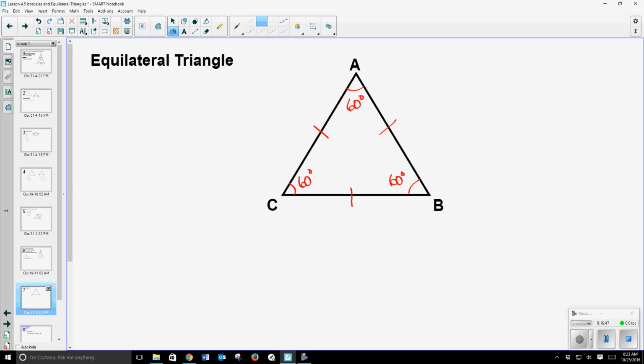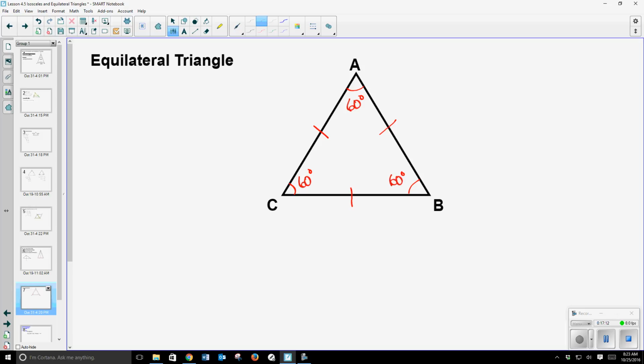All right, so we didn't really do an example with this, but that's what you have to know to work any kind of problem. So you'll use missing measures to find other measures. An isosceles triangle has two legs that are the same length. The other side is your base.